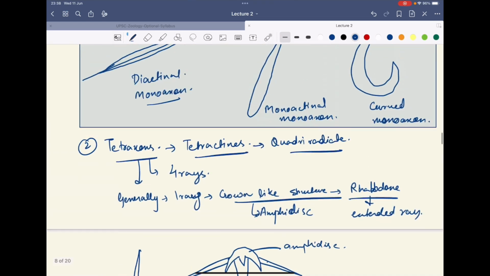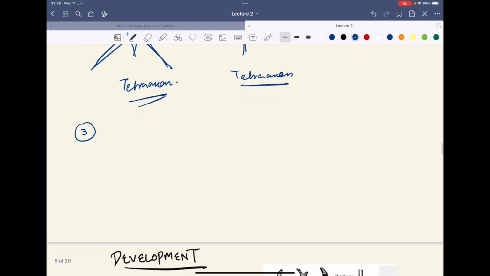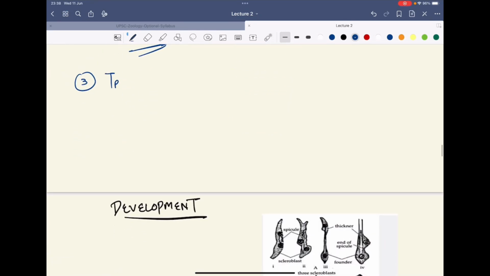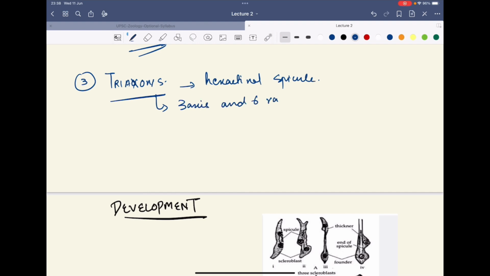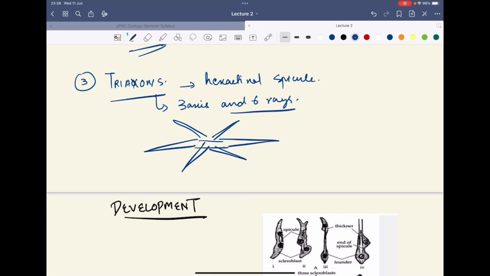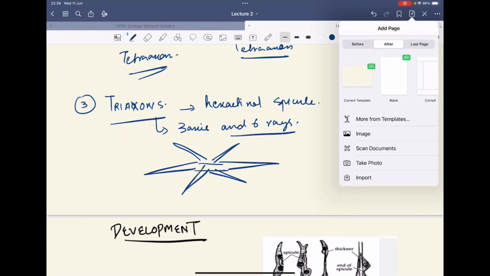After the tetraxon, the third type is the triaxons. These are also called hexactinal spicules. It has 3 axes and 6 rays, somewhat like this. These are the triaxons.